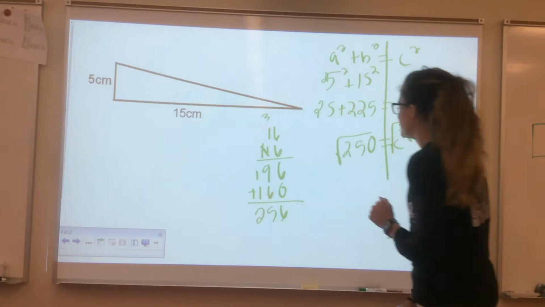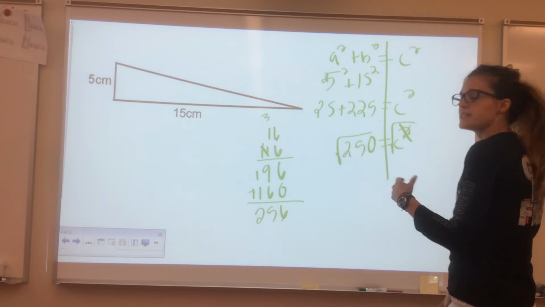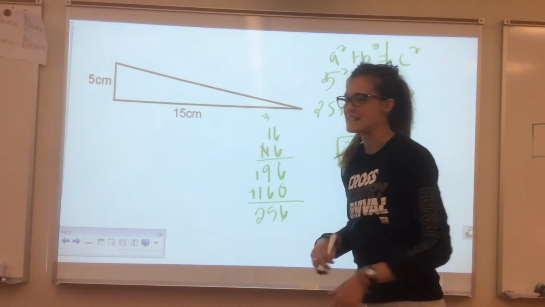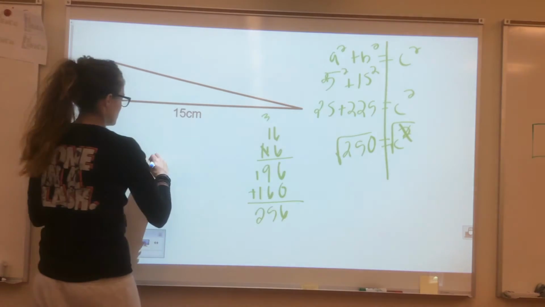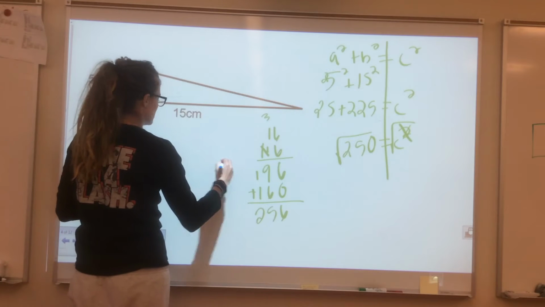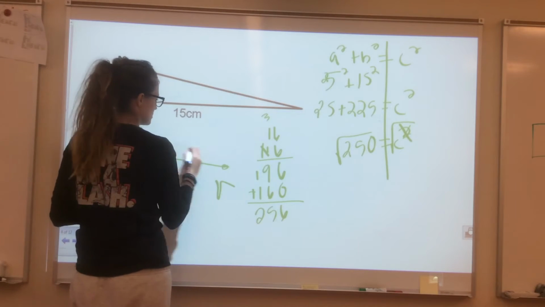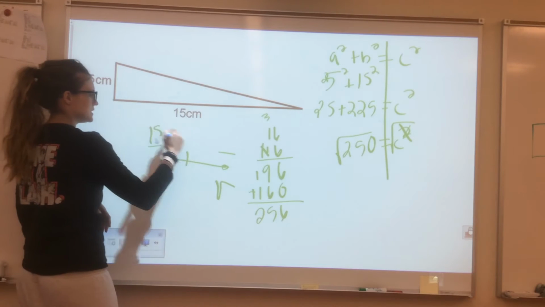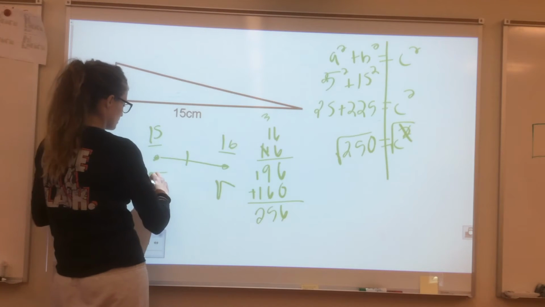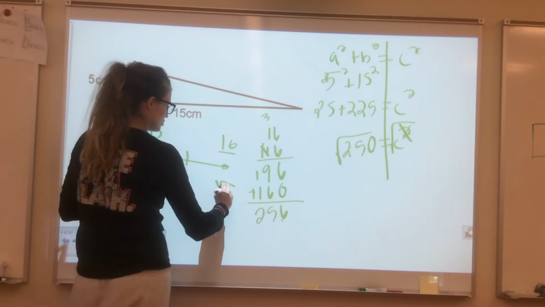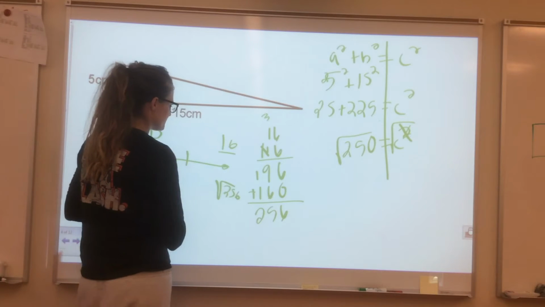That's 256. Okay, so it's in between 15 and 16. You can put together my little symbols that we use. So it's in between 15 and 16. Square root of 225, 256, okay?